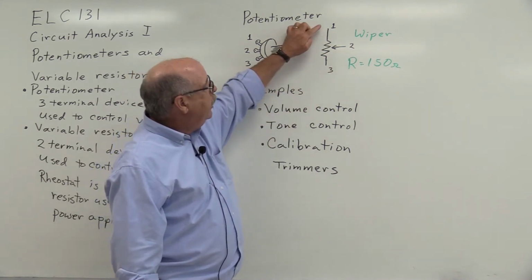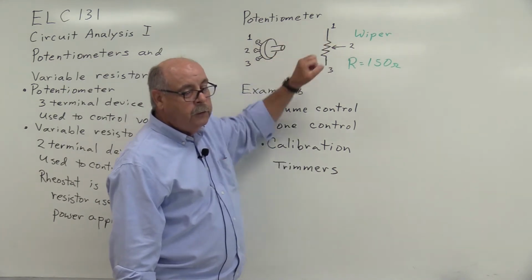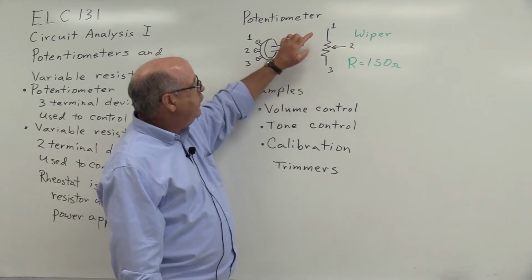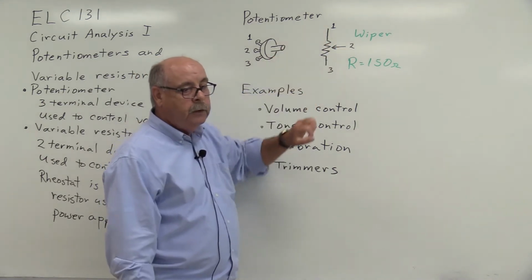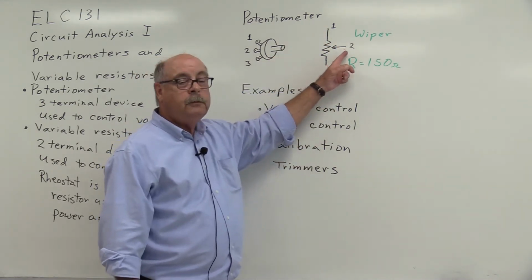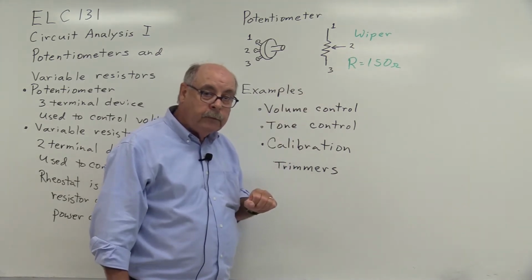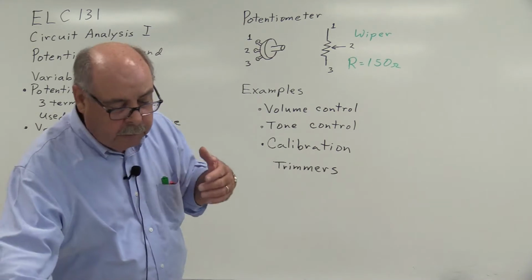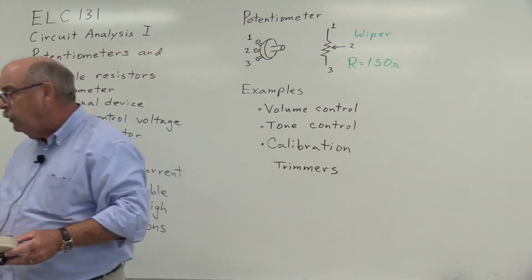It could be 10 ohms from 1 to 2 and 140 ohms from 2 to 3. Or it could be 75 ohms from 1 to 2 and 75 ohms from 2 to 3. Let's take a look at the construction of a potentiometer, and this will hopefully make a little more sense.